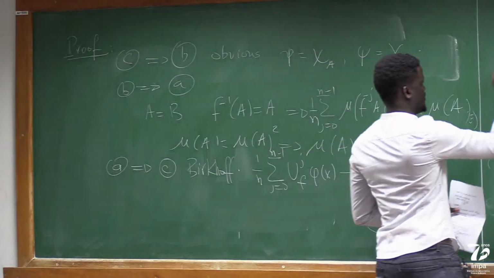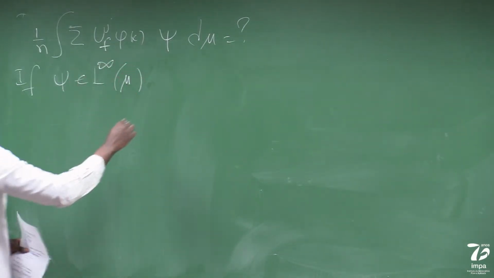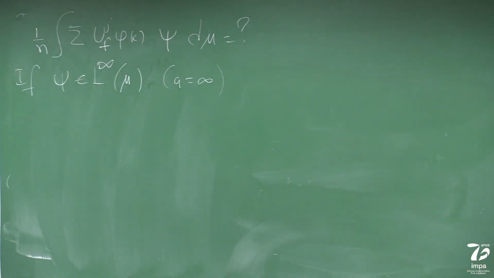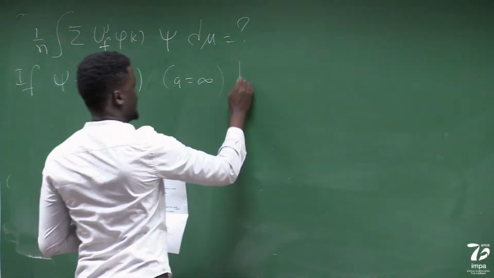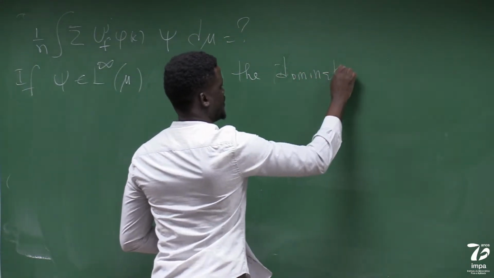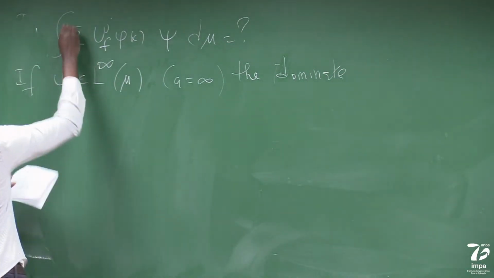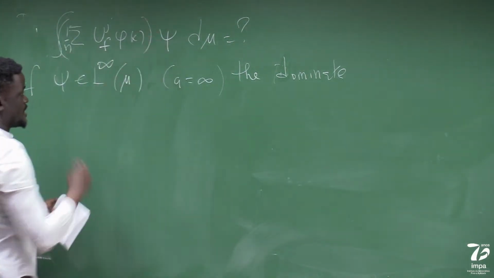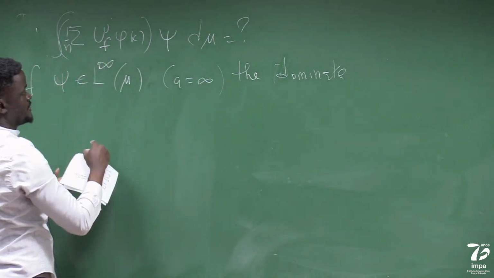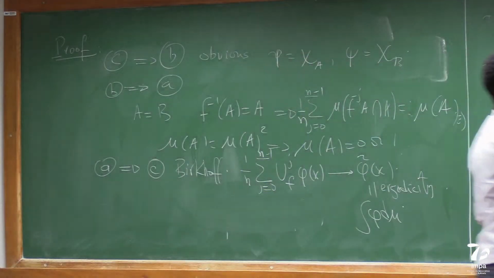So if psi is in L infinity, meaning q is infinity and p is 1, then the dominated convergence theorem applies, because this function is converging to the integral of phi d mu and is dominated. So it converges to the limit of this times the integral of psi, and the limit of this is just the integral. Dominated convergence theorem.